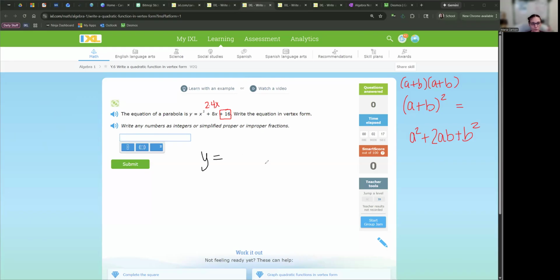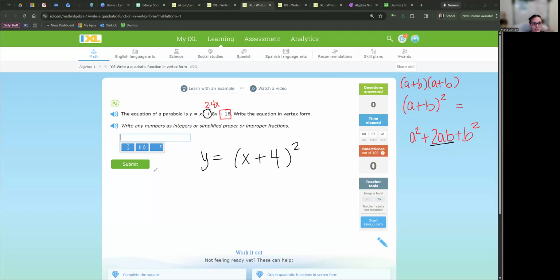This is already a perfect square, so this is just going to turn into y is equal to that factor squared, and it's going to have a plus sign since the middle term is positive. And it'll be x plus that b divided by 2. So that would be 4. So undoing this 2ab, dividing b by 2, we get 4.